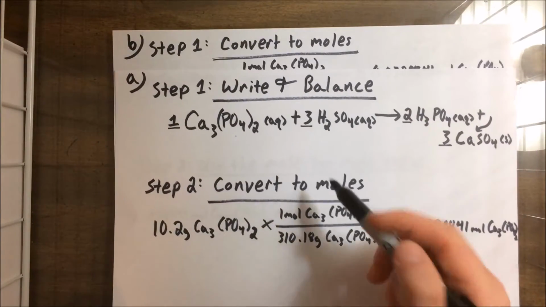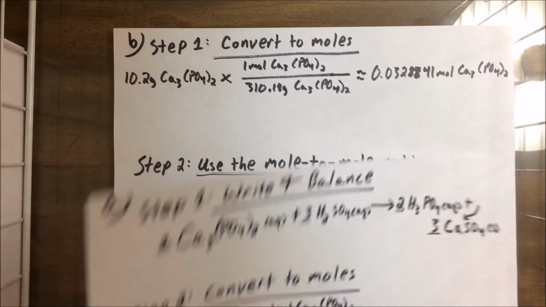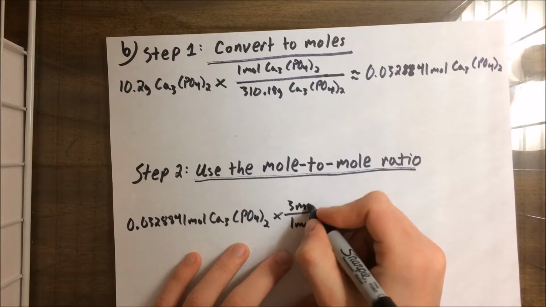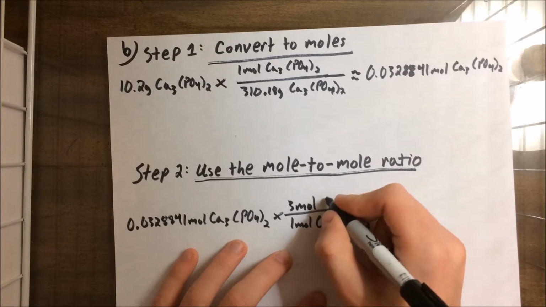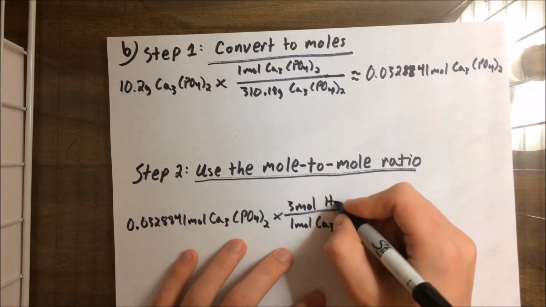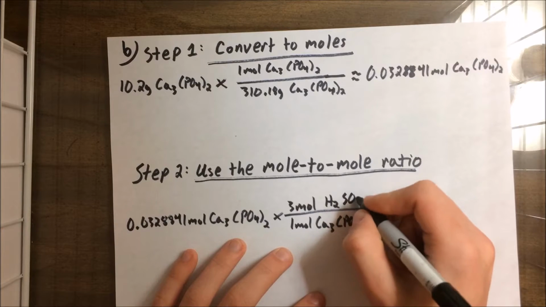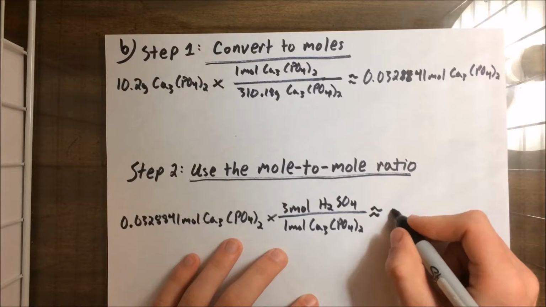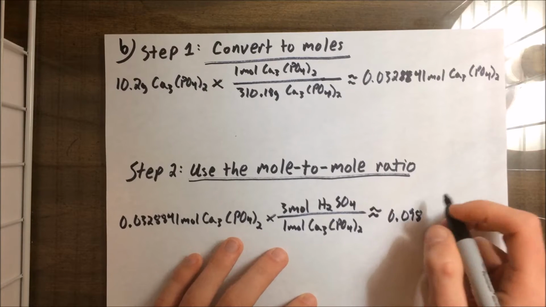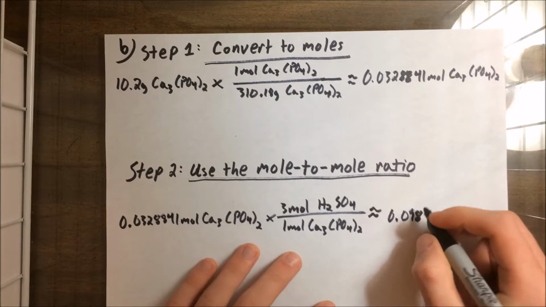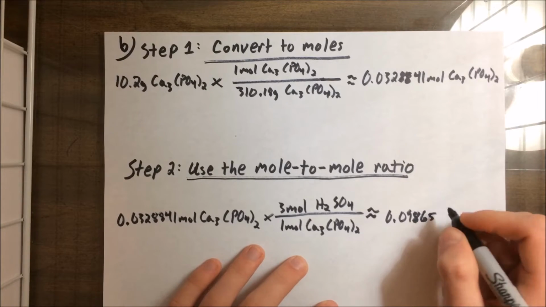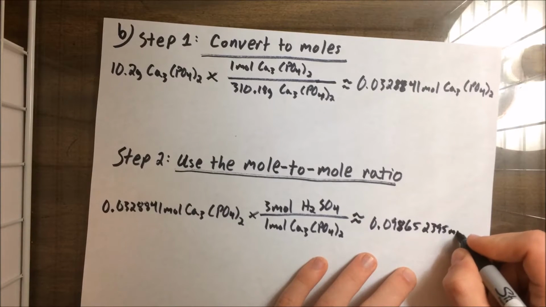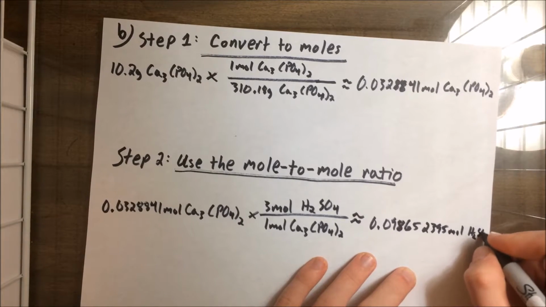Here's sulfuric acid, so that would be 3 moles of sulfuric acid for every 1 mole of calcium phosphate. That would be about equal to 0.098652395 moles of H2SO4.